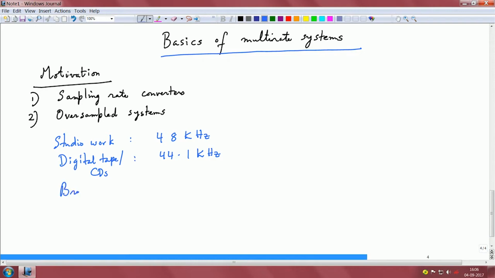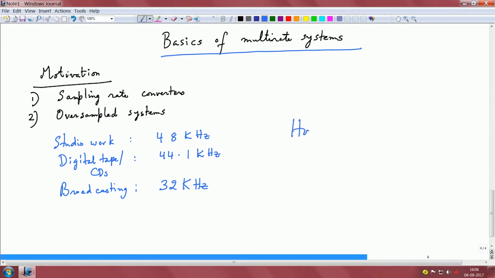and if you thought about broadcasting applications, that required say 32 kilohertz. The question is, how can I go from an analog signal and cater to 3 different systems that are working at different sampling rates, right.